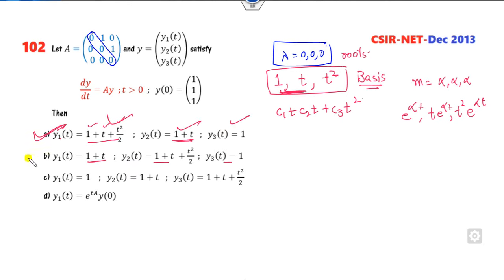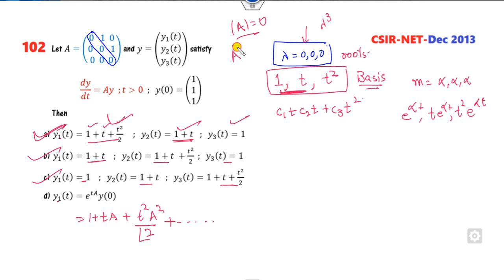1, this is also linear, that's correct. This is also correct. Now we can see here e raised to power At. So I can open this as 1 plus tA plus t square A square by 2 factorial and so on. Here the eigenvalues, the determinant is 0.